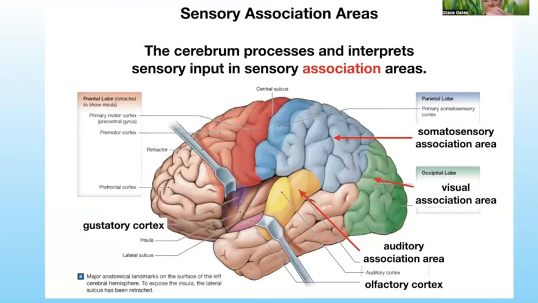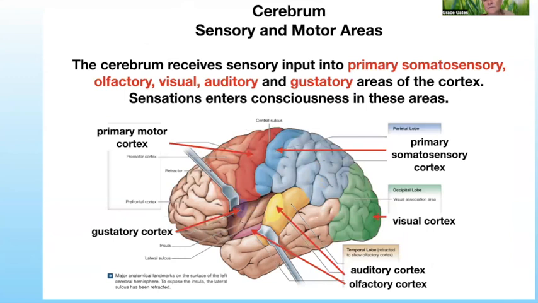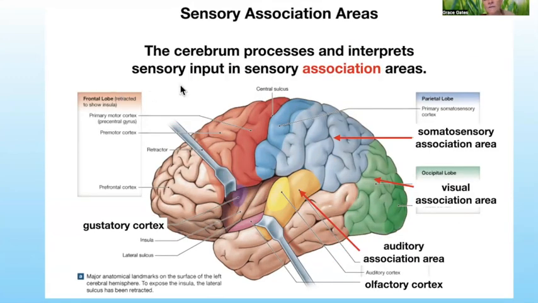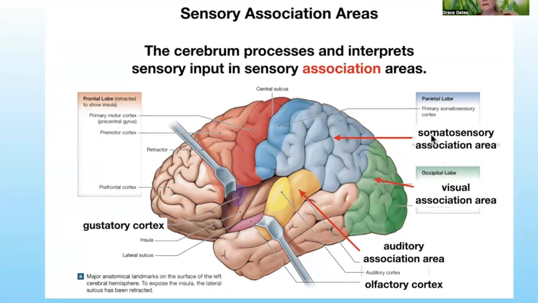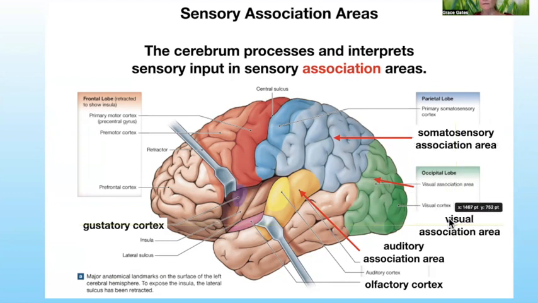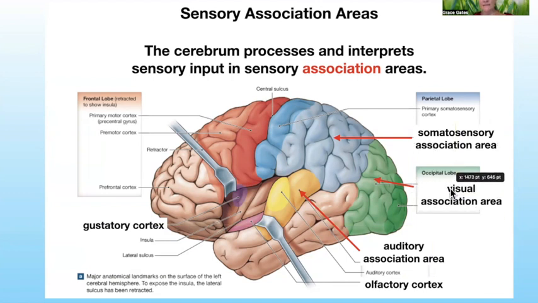The cerebrum processes and interprets sensory input in sensory association areas. And several of the sensory areas that we just learned about have large sensory association areas. So, for example, the somatosensory area has a somatosensory association area. The visual cortex has a visual association area.